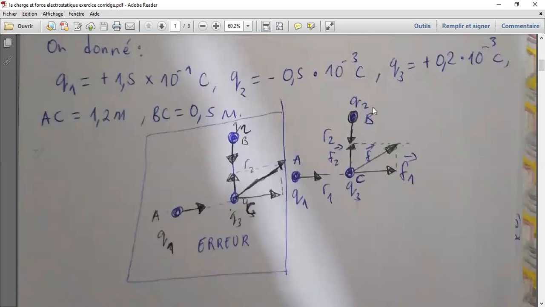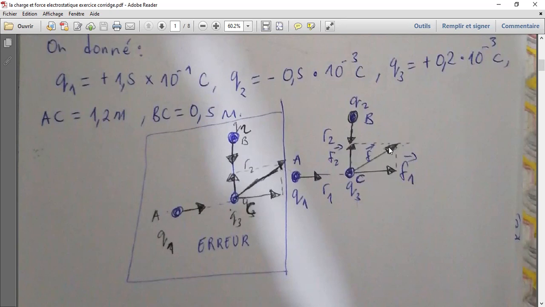Then when you exert a force from Q2 on Q3, since Q2 is negative and Q3 is positive, you have a force of attraction. That's why after I exerted the force from B, you see that Q3 is also coming inside, like they want to come together. So I'll draw these two lines. This will be my F2, then this will be my F1. Then I'll extend it here, and I'll have my total force.